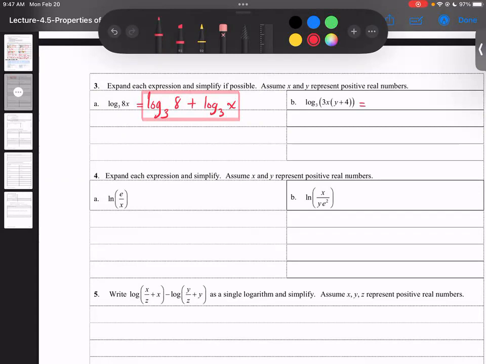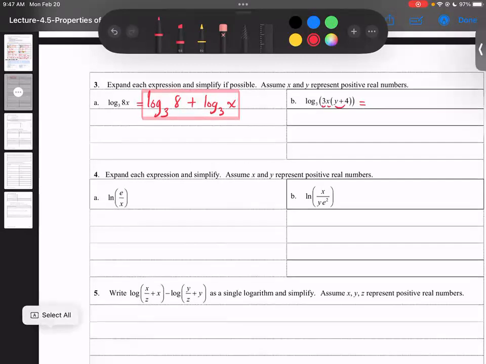This one, how many factors do you see here? When I say factor, it means something multiplied by something multiplied by something. How many factors? 3. 3x and then y plus 4. So I see 3 factors: 1, 2, 3. That means I'm going to have 3 logs.